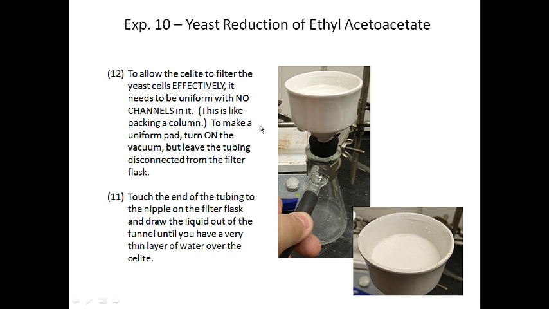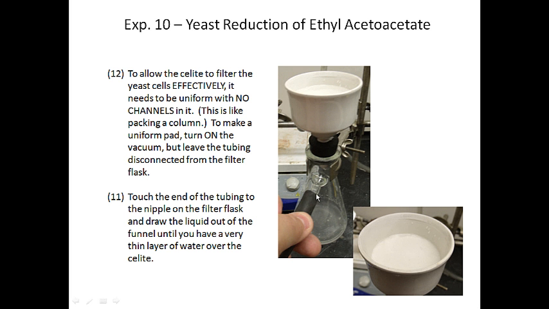So to create this uniform Celite pad, you're going to turn on the vacuum but leave the tubing disconnected from the filter flask, like I have here. Then you carefully touch the end of the tubing to the nipple on the filter flask, and as you touch that, the solution is going to draw down.